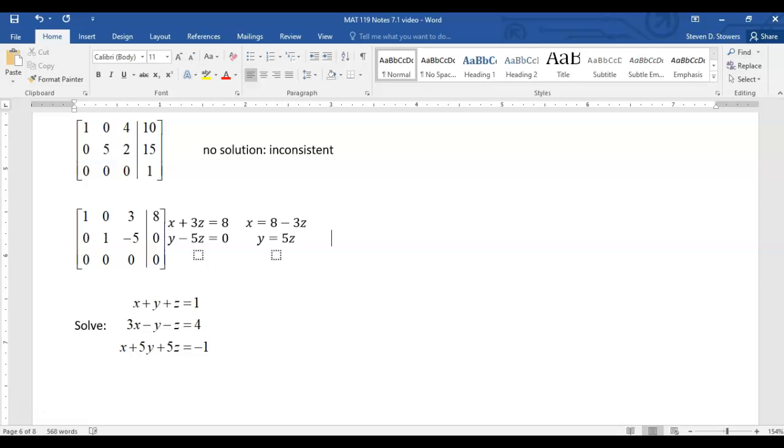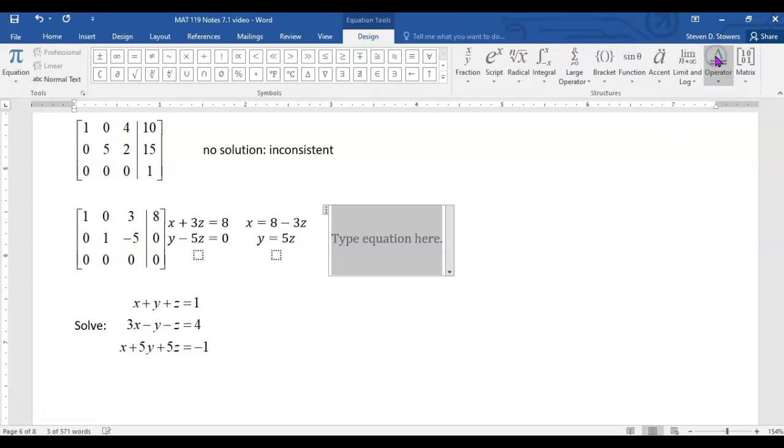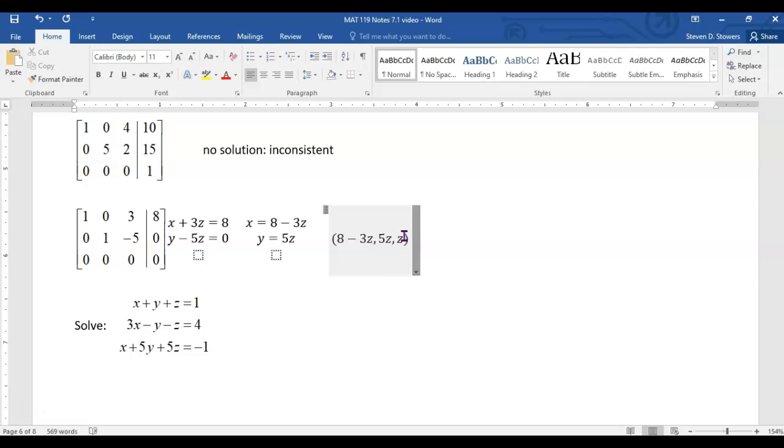So the solution set is made up of all triples, all x, y, and z, where x is 8 minus 3z, y is 5z, and then z is whatever it is. So here the z can stand for any real number. You can pick any number you want for z, plug it in, and you would get one particular solution.